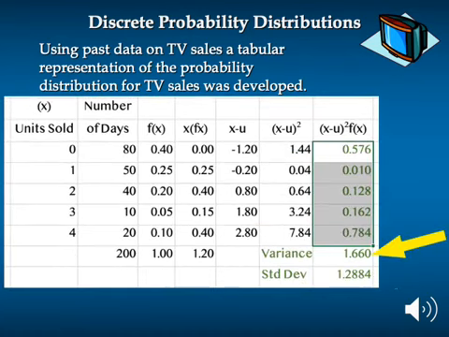For the last column, we're going to have x minus u squared, which is the previous column, that's that 1.44, times the function of x. And we look at the function of x in this first row, and we see it's 0.4. And when we multiply those two together, we get 0.576.